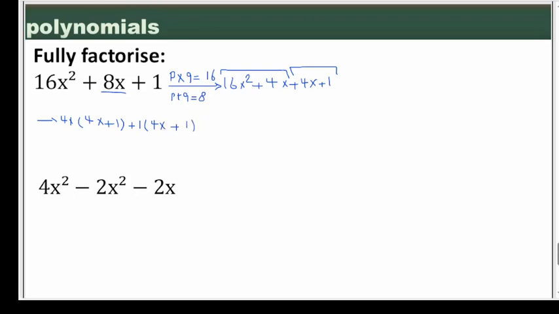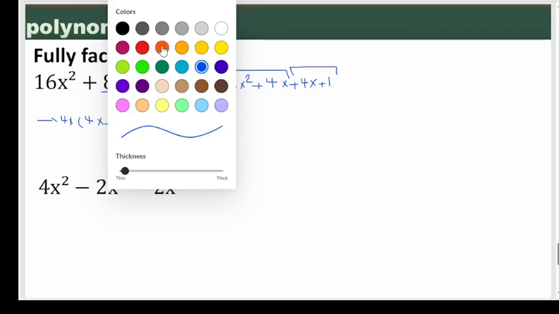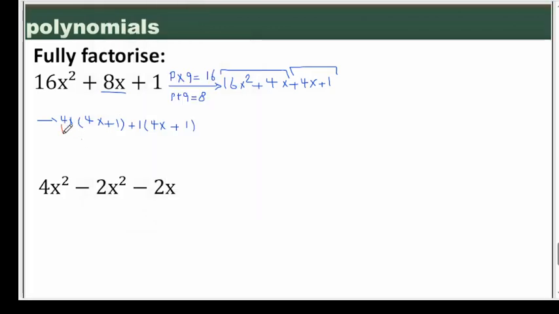Now I have two new terms, the first term and the second term. What's the common factor between the two terms? Yes, this parenthesis, 4x plus 1. So I bring out 4x plus 1.